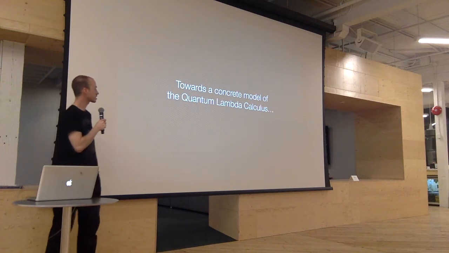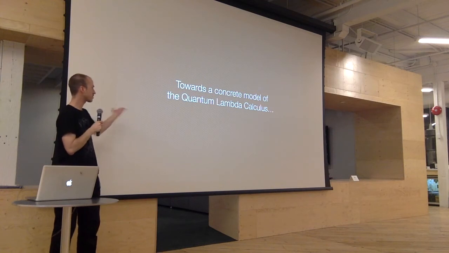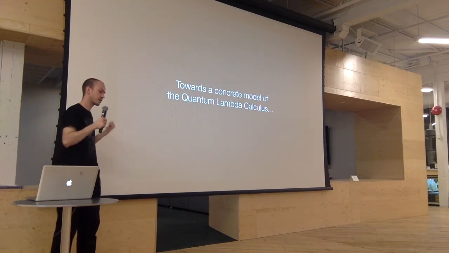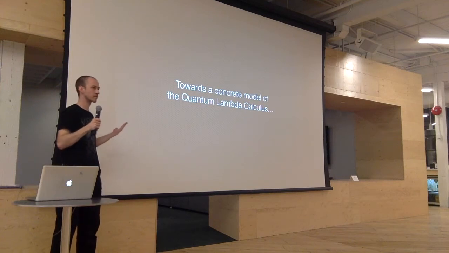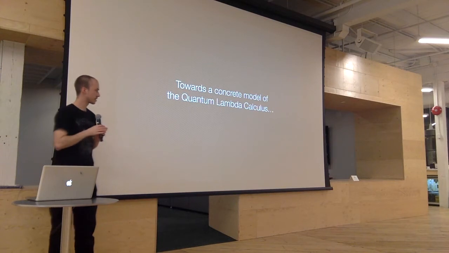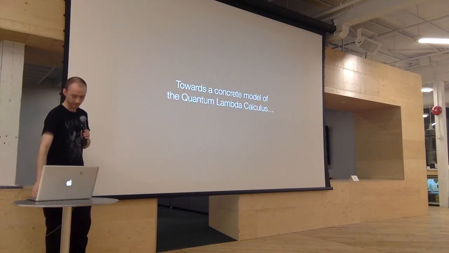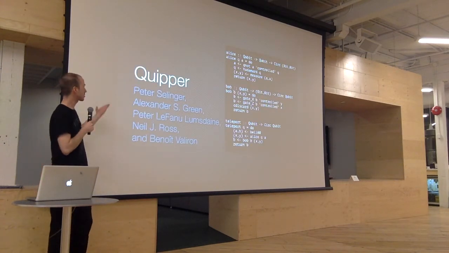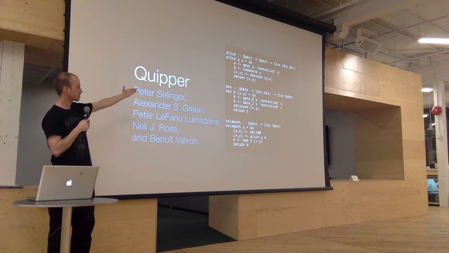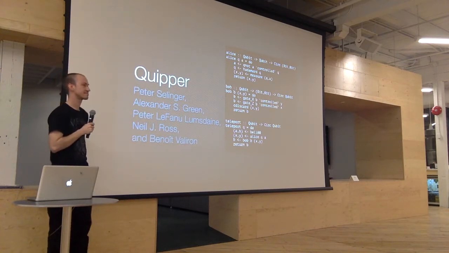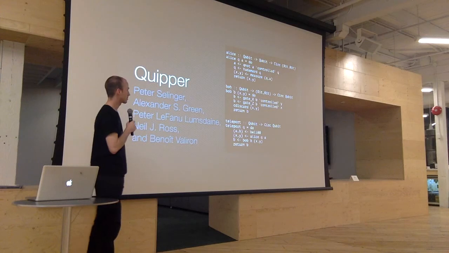And the paper finishes off with some ideas the authors had to get to a concrete model or implementation of the quantum lambda calculus, so they could actually start programming with their cool new formulas. And true to their word, they released the Quipper language, and this is it.